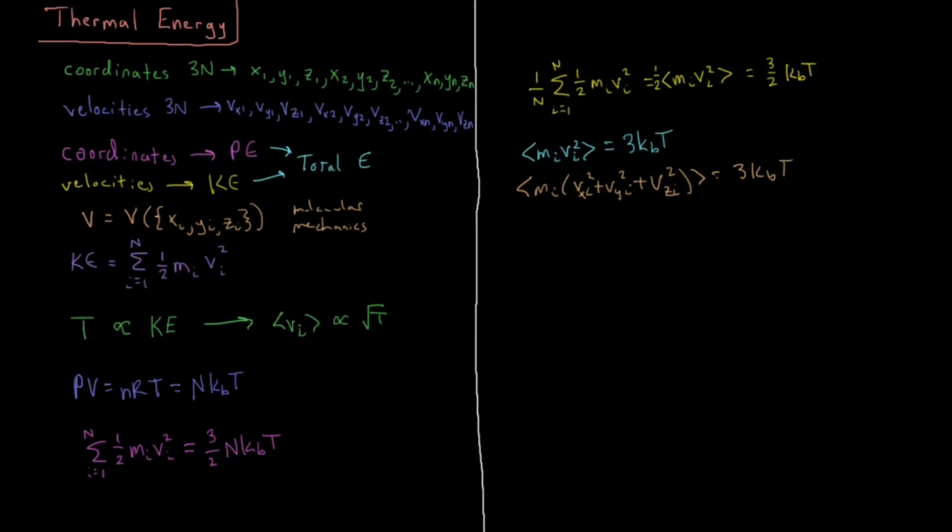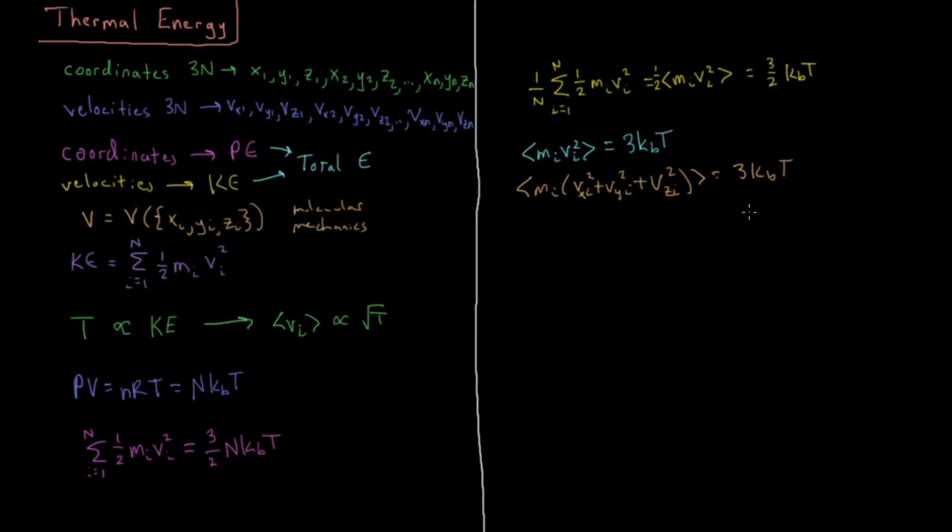There's also no reason to assume that x, y, or z is special, a privileged coordinate. They're all equal. So this 3 kT should be separated equally between all 3 of these dimensions. There's 3 kT of energy here, and there's 3 different dimensions, x, y, and z. Each of them should have the same average amount of energy in their dimension. So each of these dimensions, m_i times v_xi squared, is equal to kT.